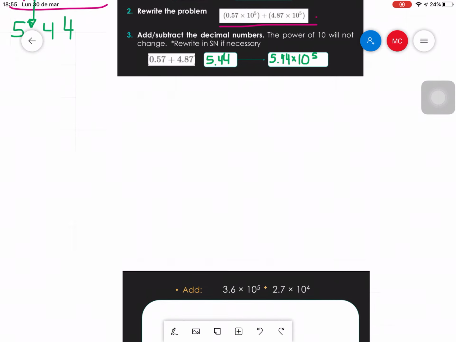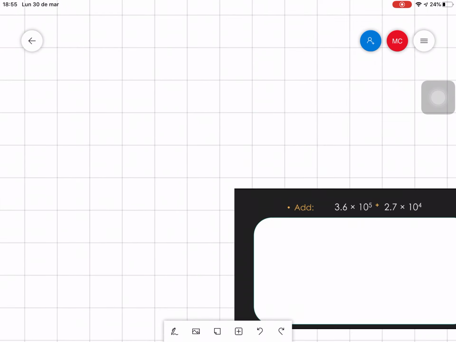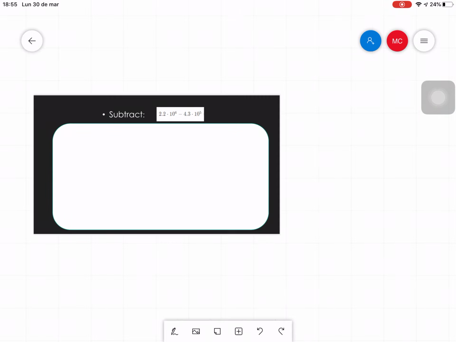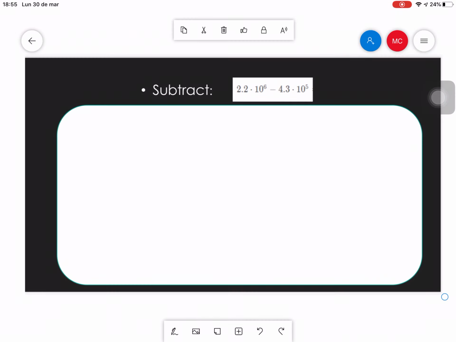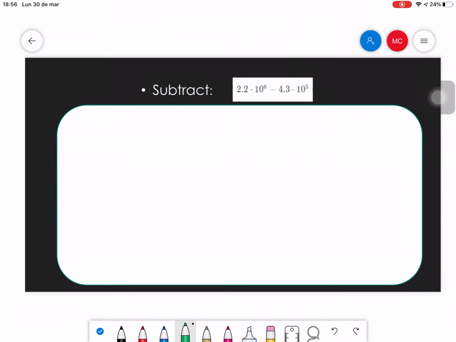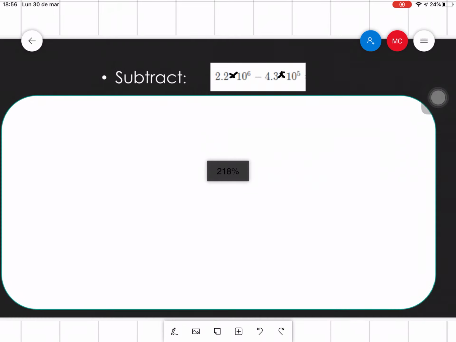Okay, now instead of adding, we're gonna subtract. Okay, let's see. Remember that this little point means the same as multiplying. Okay, o sea, por 10 a la 5, etc. So it says subtract. Remember the new rules. Before we even start, let's remember our new rule.